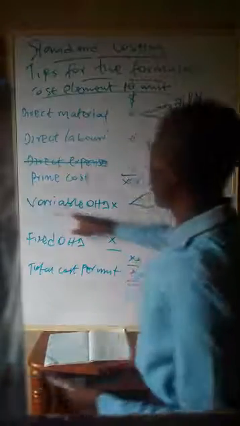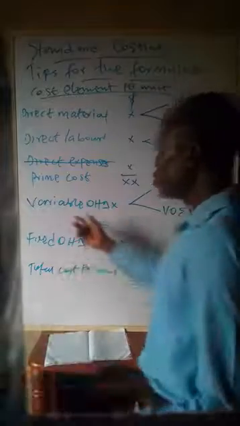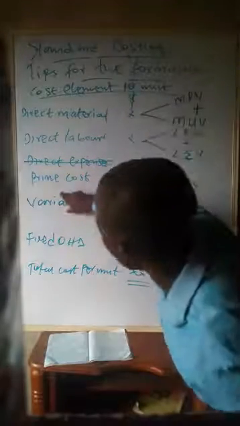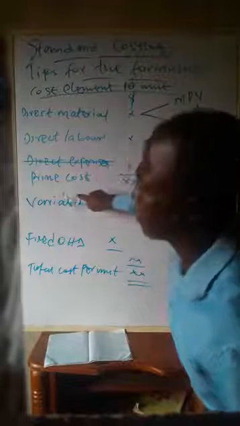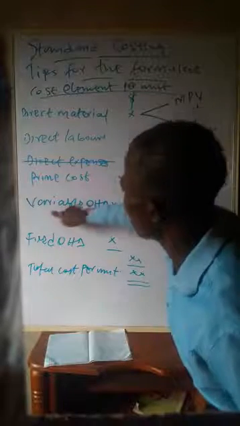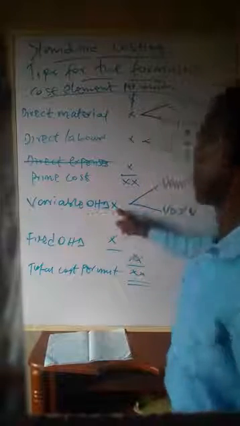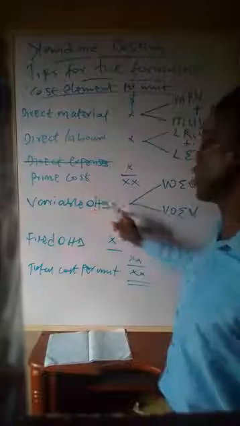Use the total budgeted variable overhead divided by budgeted hours, or budgeted material, or budgeted machine hours, or budgeted labor hours, to have this per unit. Because you use the total budget cost to divide the total budgeted hours, you now get per unit, because you cannot get it directly.